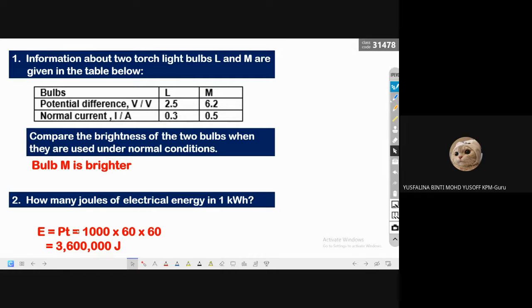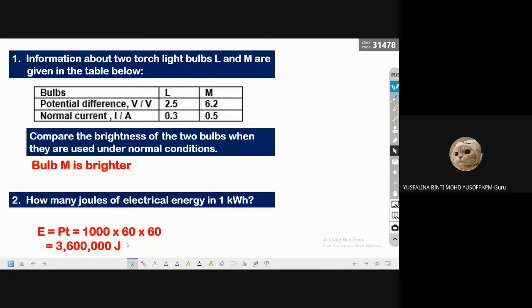So E is equal to P times T. P is the power, so 1 kilowatt is 1,000, 10 power of 3, and the hour here you have to change to second, 60 times 60, you get 3600. So just multiply, you get 3,600,000 joule.